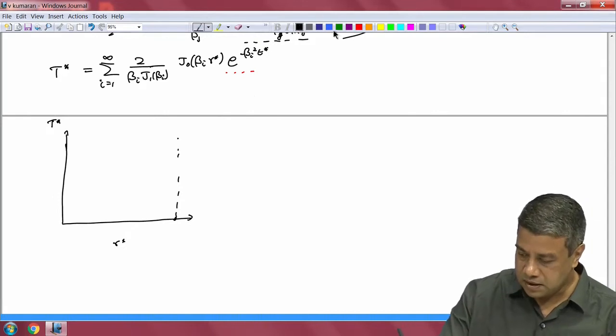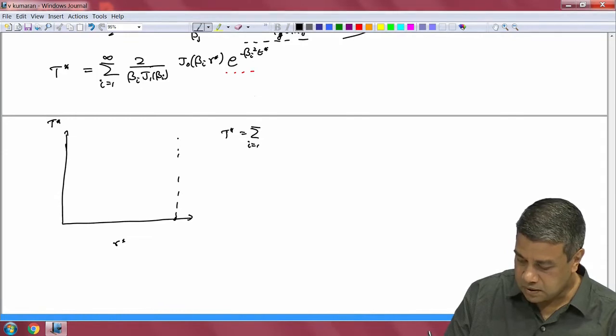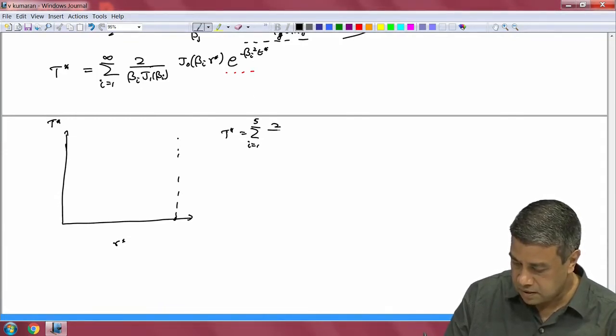I will consider 3 cases. The first is t star equal to the summation from I equal to 1 to 5. I include 5 terms in the series.